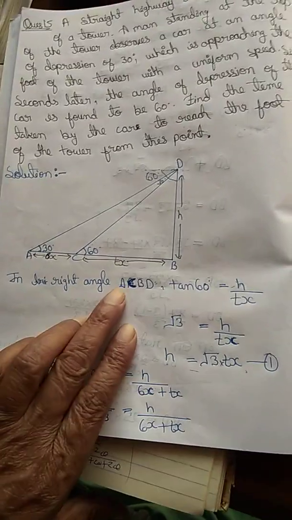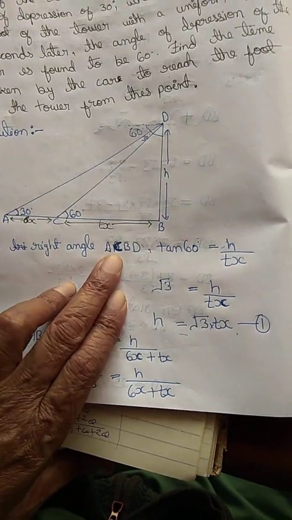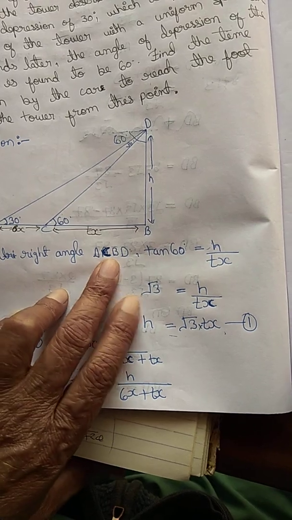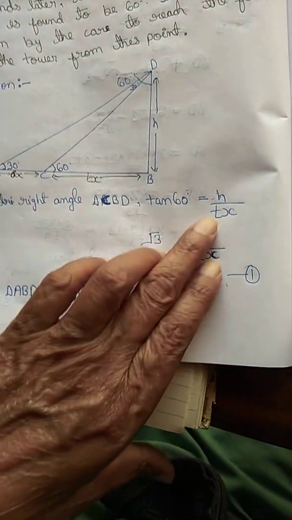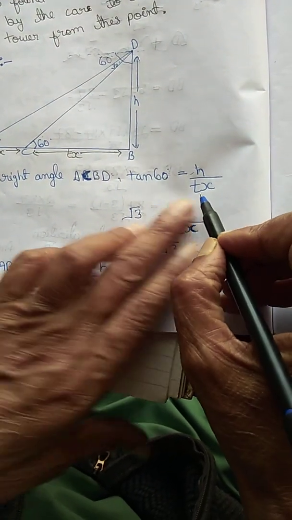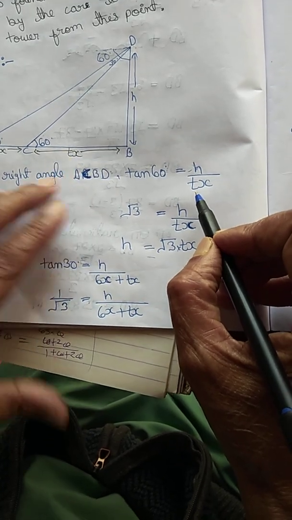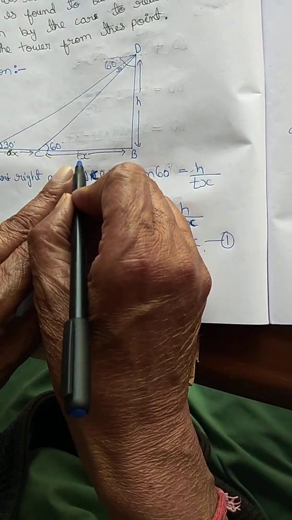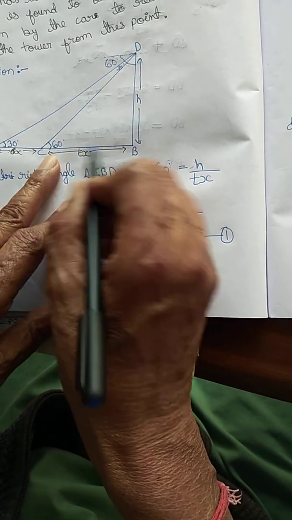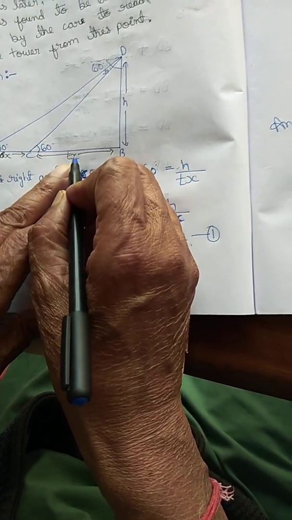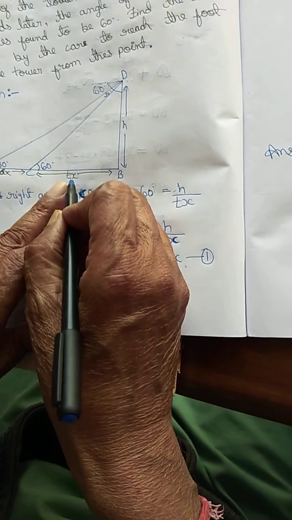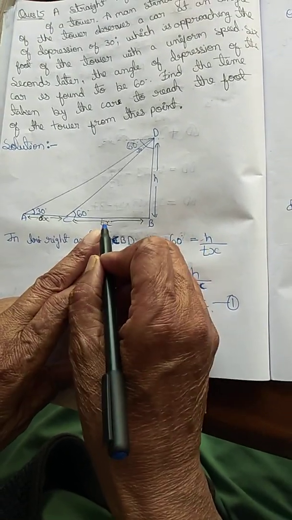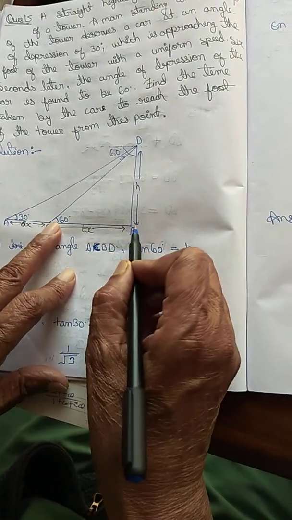So in right angle triangle CBD, tan 60 is equal to H upon Tx. Assume T is the time taken, and you multiply time by speed, you get the distance.